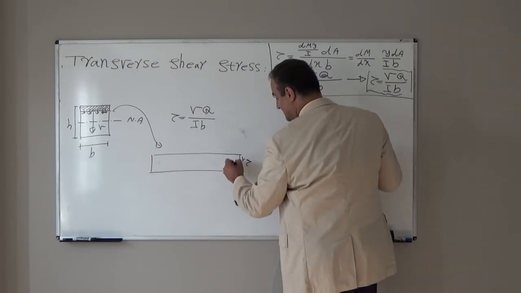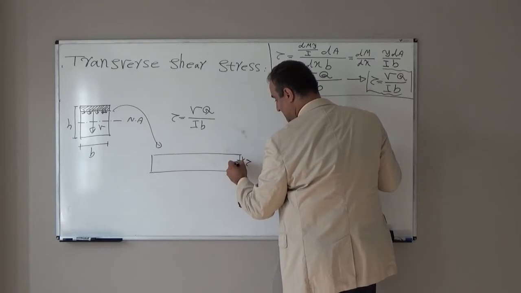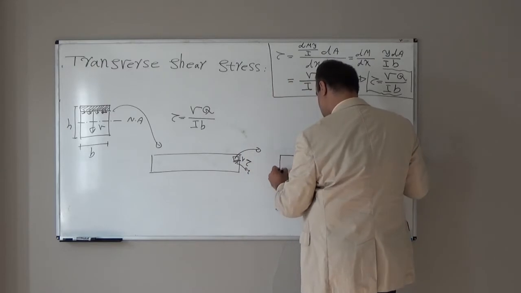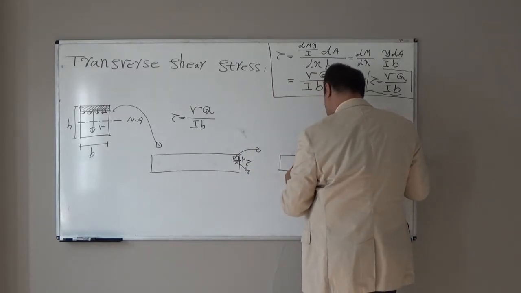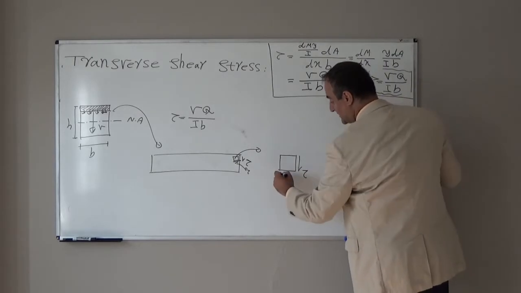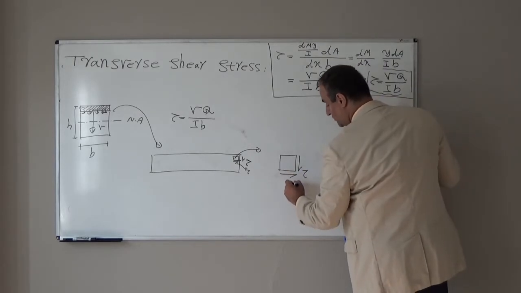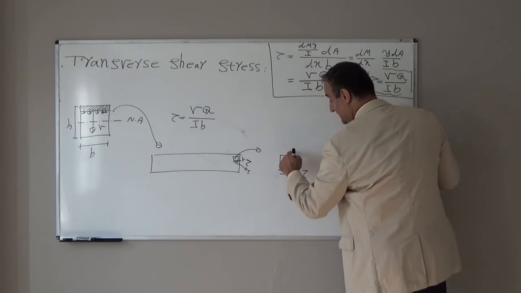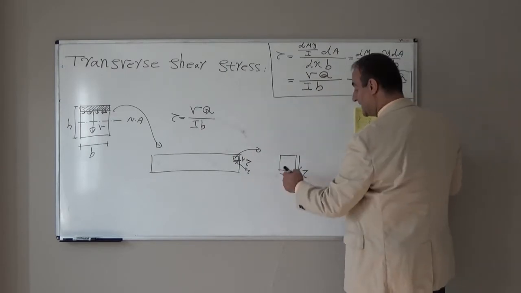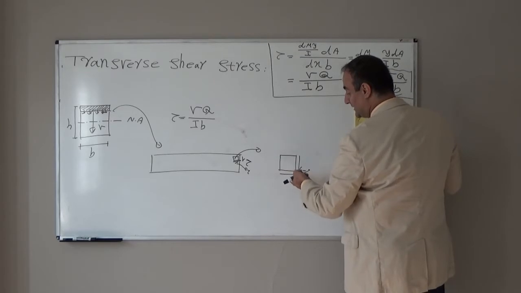we will have the same shear stress here, tau, because if I take a small element, and I have shear stress in the cross section, then in order to satisfy equilibrium the shear stress in the longitudinal direction should be equal.